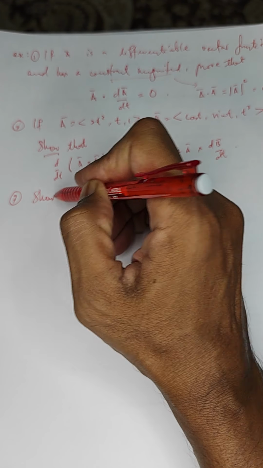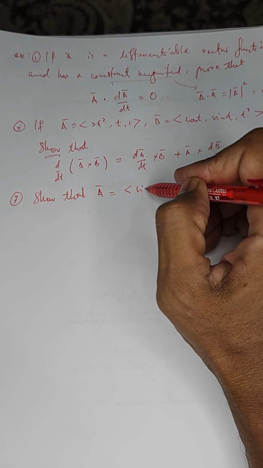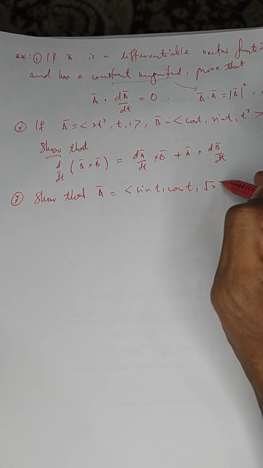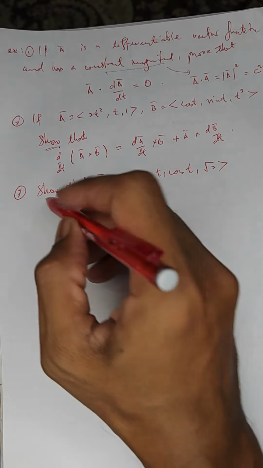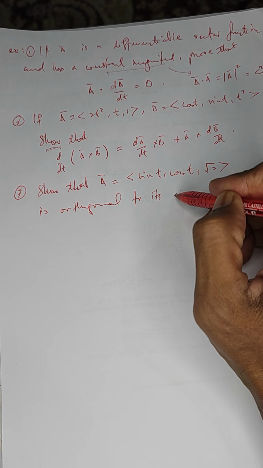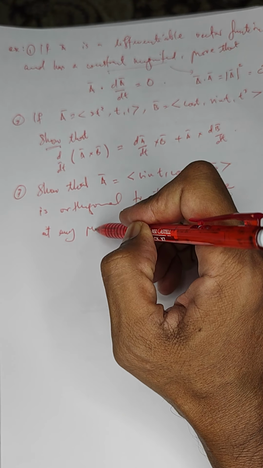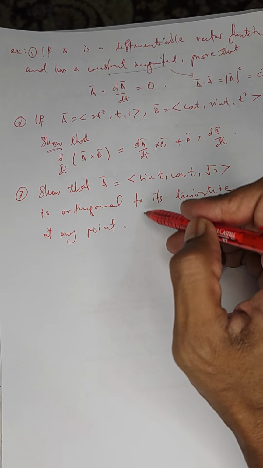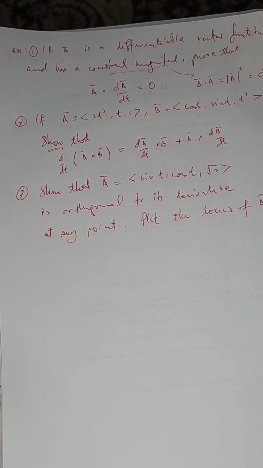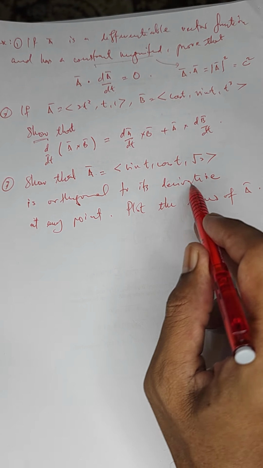And number 3, show that the vector A with components sin t, cos t and sec 2 is orthogonal to its derivative at any point, and plot the locus of A. So what we want to show here is that A is orthogonal to its derivative.